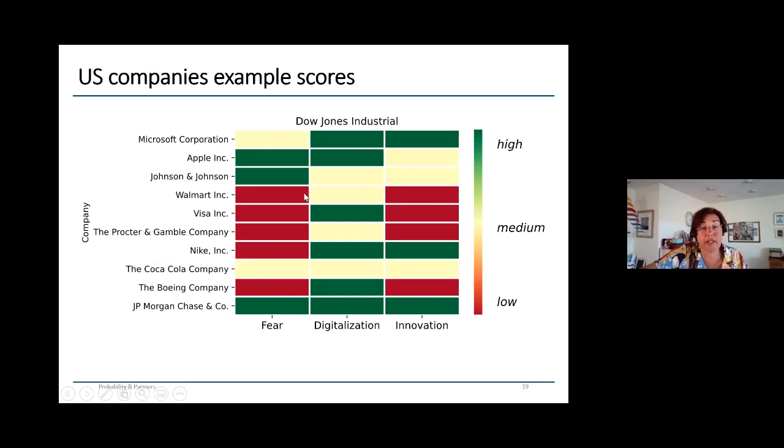So here is this kind of scoring metrics for, let's say, 10 US companies. So we have them for the entire S&P 500, but here, of course, I couldn't show that to you, but here is the example of them where you basically see what is negatively, positively, or neutrally affected by these emerging trends.